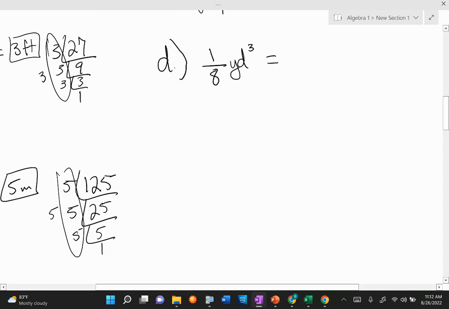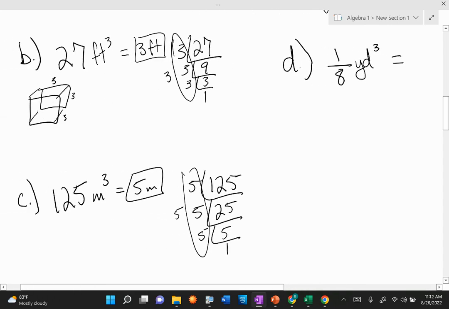Okay, so let's look at letter D. Letter D is 1/8 yards cubed. We're going to take 1/8, put it inside the divisor bar, and we're still going to factor. Now, there's a way to do this on the calculator.